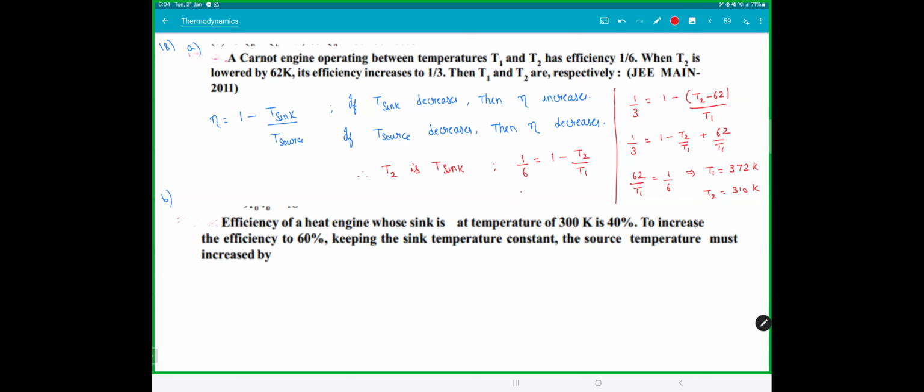Is that clear, everyone? The whole question, the main thing is to figure out who is T sink and who is T source. Once you know that, it's just a matter of formula substitution. Initial efficiency was 1/6, 1 minus T2 by T1. Then T2 became minus 62, so 1 minus T2 minus 62 by T1 is 1/3. Eliminate T2 by T1, you'll get it from there.